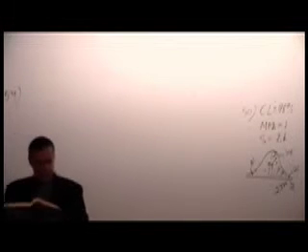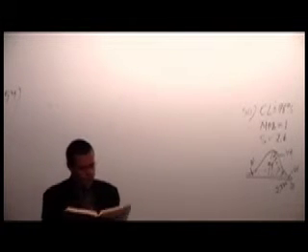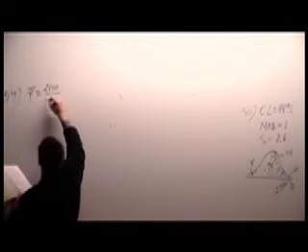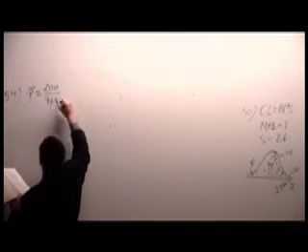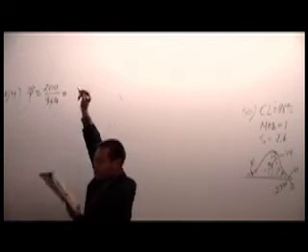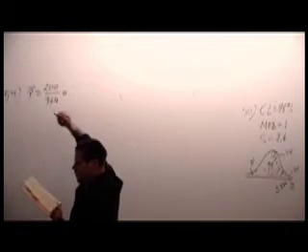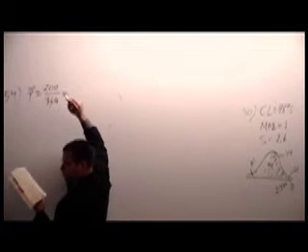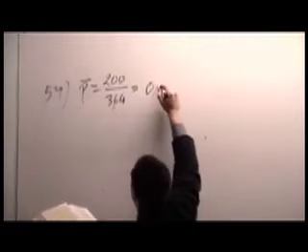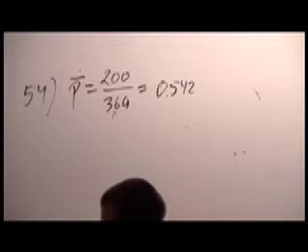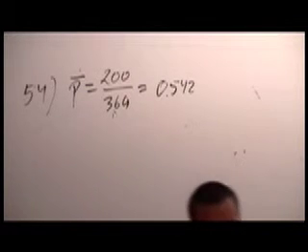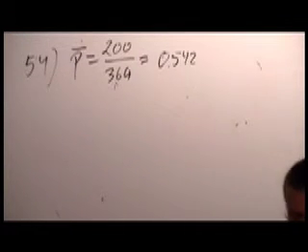In problem 54, we have that 369 working parents felt they worked too much, which gave us a point estimate of the proportion of the population of working parents who felt this of 0.542. We're also asked to find the margin of error and the confidence interval.